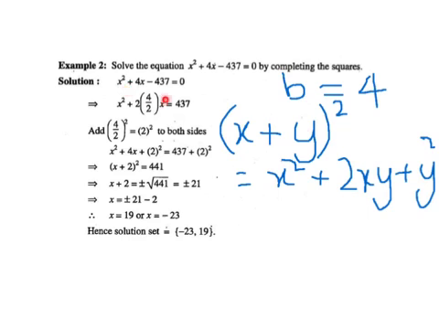So to complete the square, we need to add 4 over 2 whole squared to both sides of the equation, as shown here.